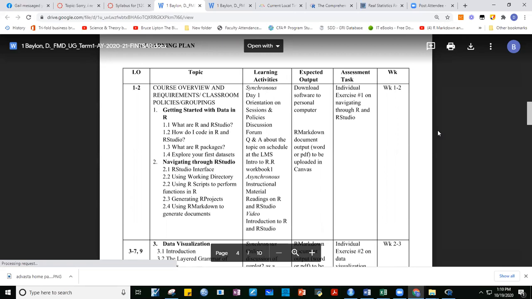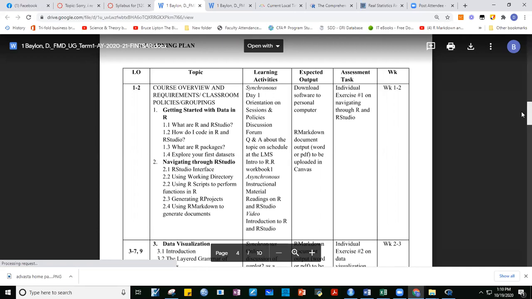Now, this syllabus was used last term, but we have to modify this because last term, in the first 2 weeks, we had to navigate through R because most of the students did not know R yet.